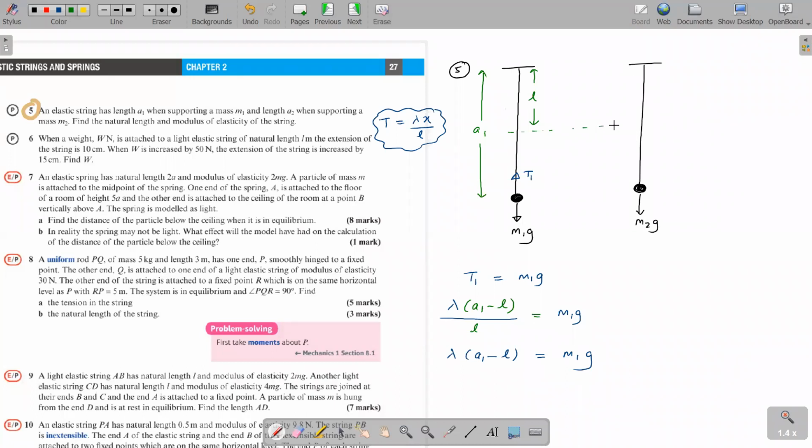Natural length will not change regardless of what weight you apply to the string. The entire length changes because the extension, depending on the weight, will change. So this is the new length A2.